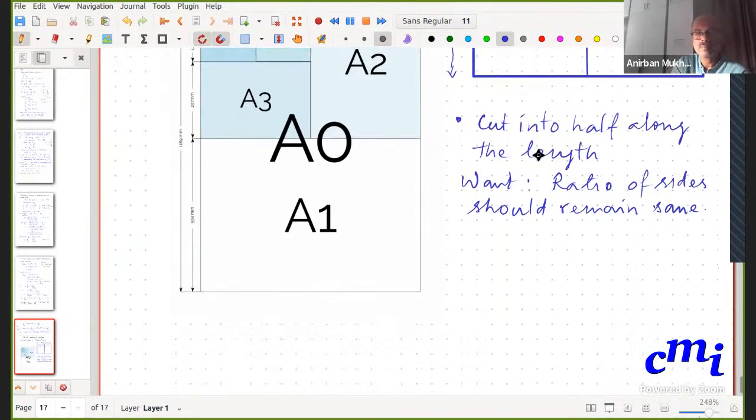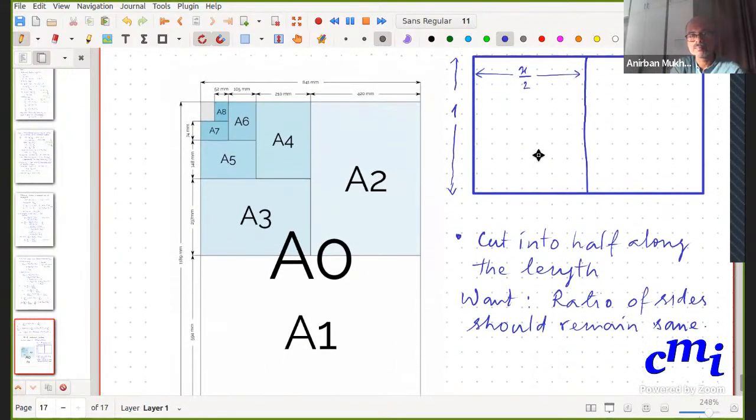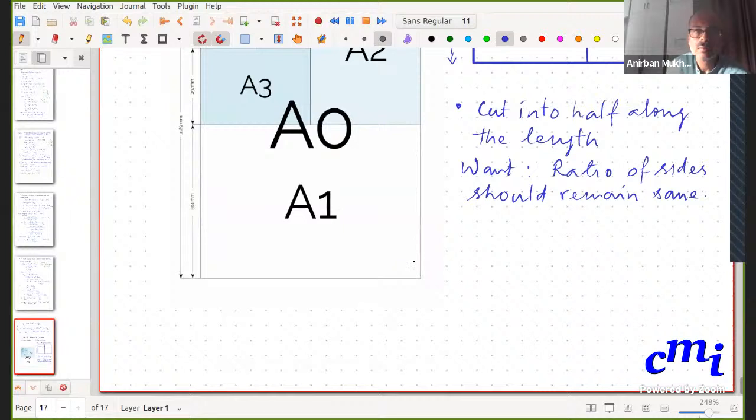So what happens to the ratio? Length is to the breadth. Initially the length was x and the breadth 1, so x is to 1. That's what we started with.